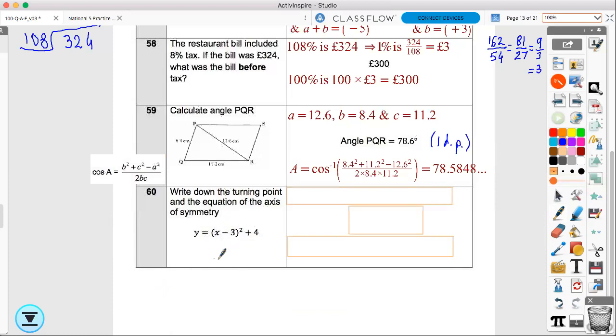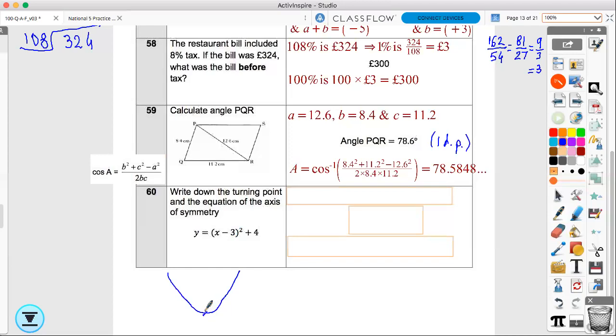I remember that I've got a smiley face, and this is the equation of a quadratic. Why do I know it's quadratic? Because I've got x squared. If I was to expand this, it would become x squared minus 6x plus 9 plus 4. Then I know I've got something in this format, a smiley face.